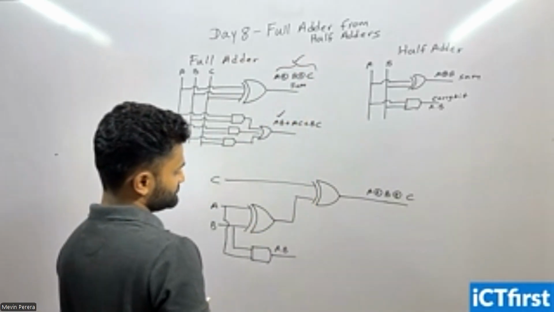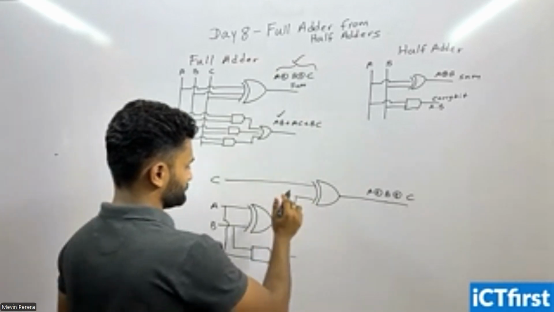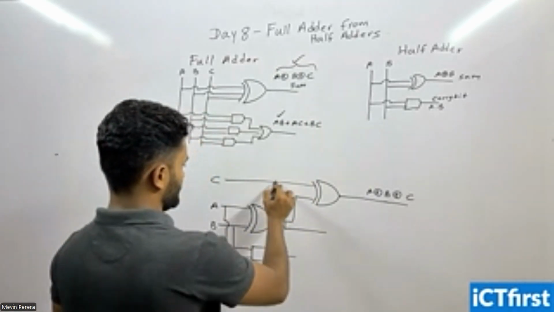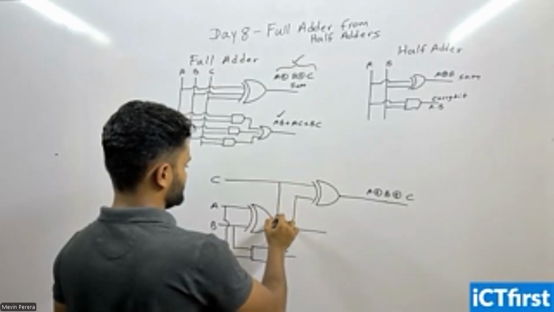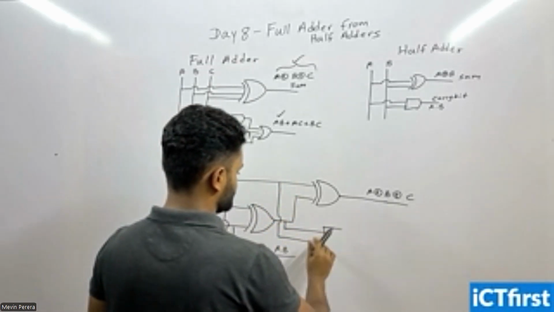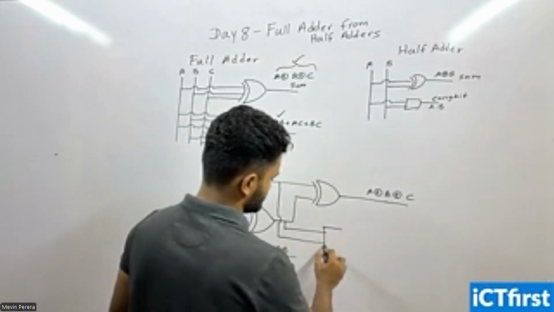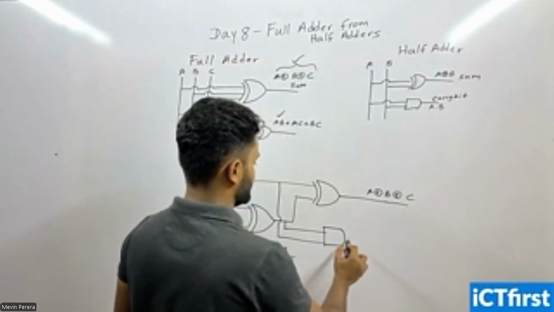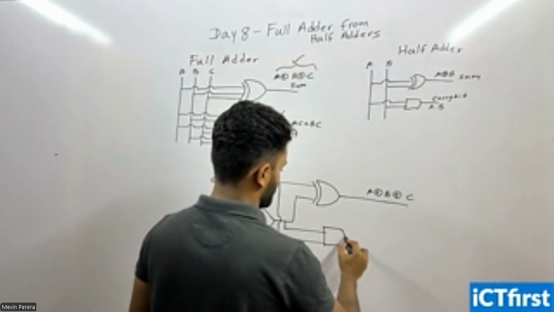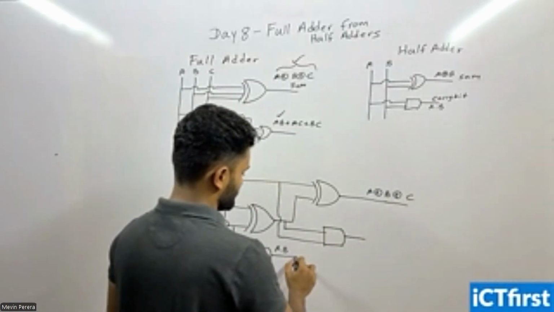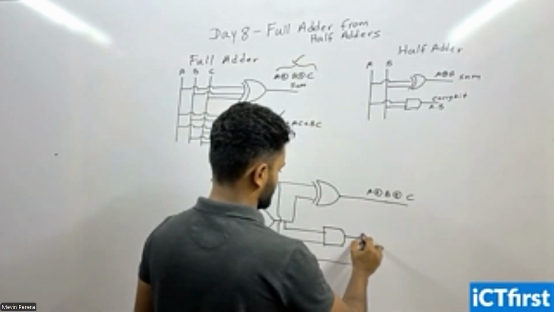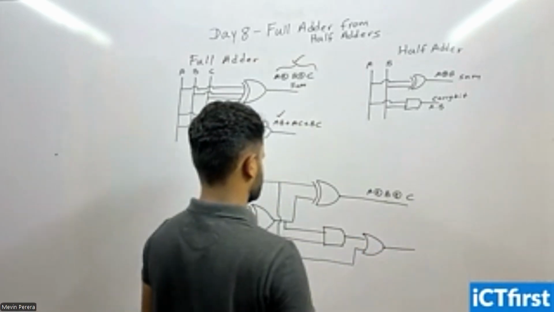Now what we are supposed to do is take this and also, apart from C, go through another AND gate, right? Now, all right, this is there, and then these two are going through an OR gate.